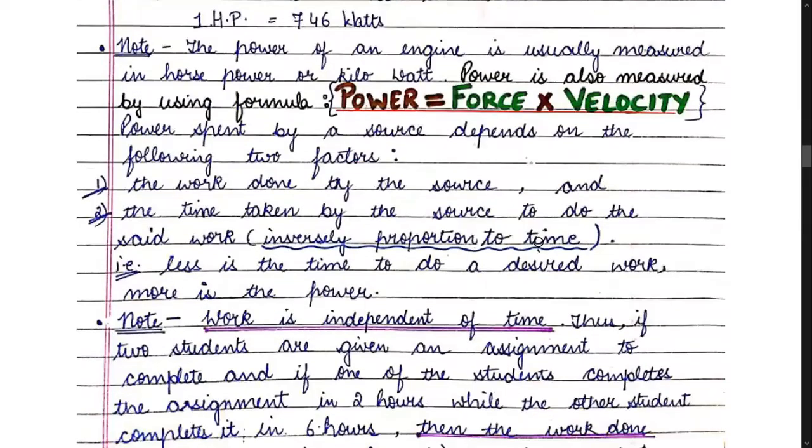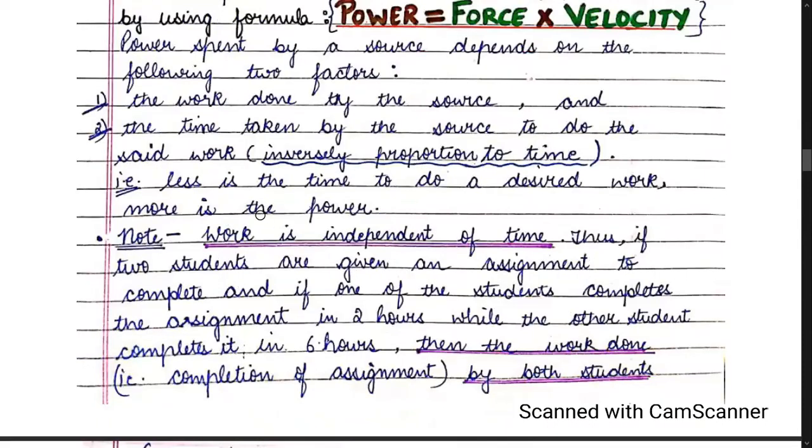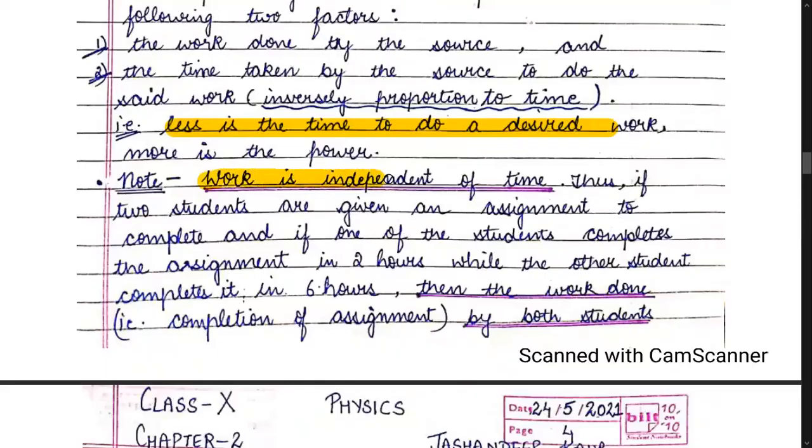So power and time are inversely proportional. It means that less is the time taken to do a work, more is the power of that source. Now children, there is a very important concept coming along. Work is independent of time.